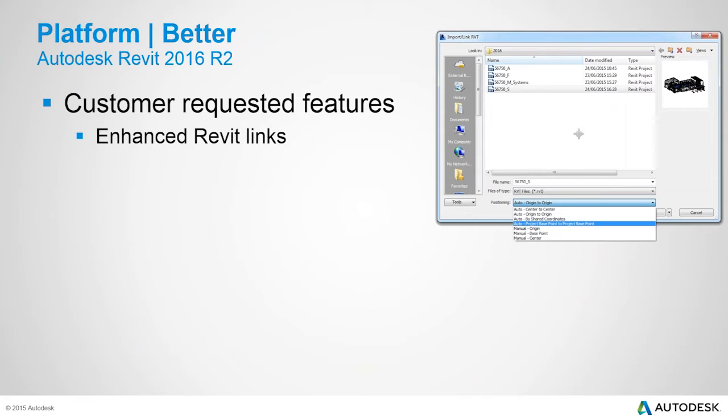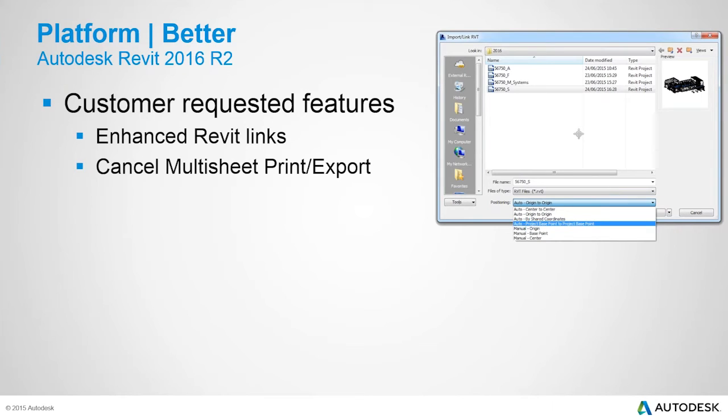This option positions the linked file by using the project's base point as the insertion point. Seems an obvious thing to do, and it's a nice addition. It's a valuable alternative for projects that maybe you haven't actually utilized shared coordinates. Okay, so that is project base point to project base point.